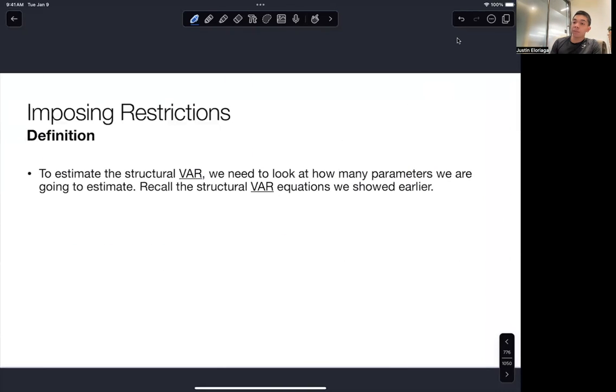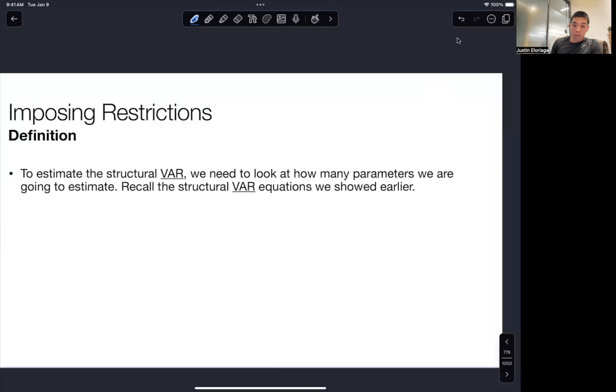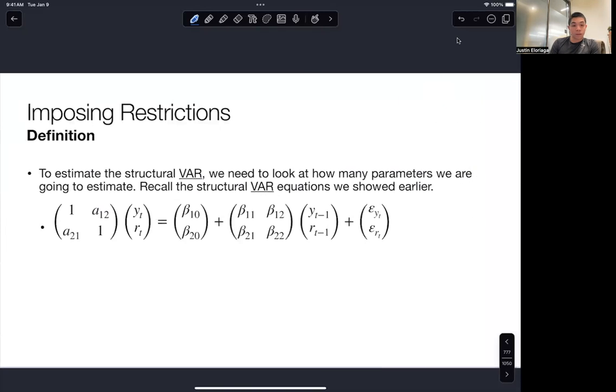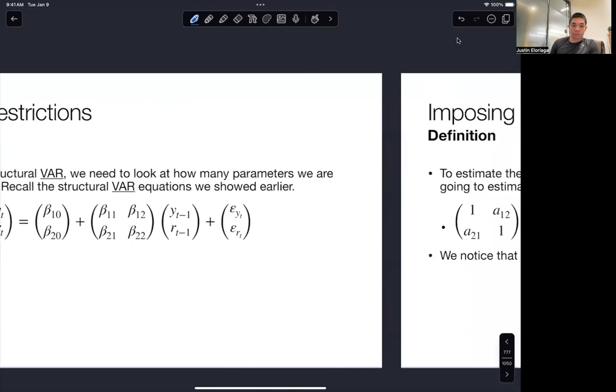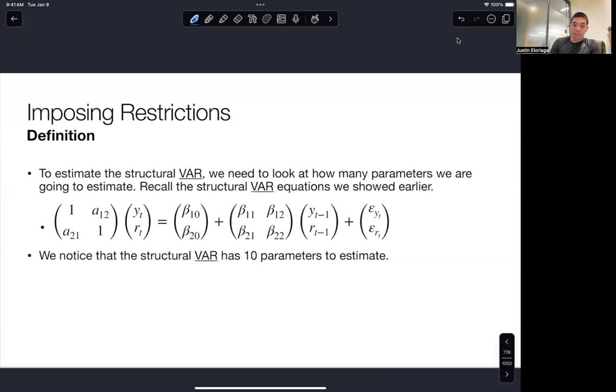Now, to estimate the structural VAR, we need to look at how many parameters we are going to estimate. So recall the structural VAR that we had looks like the following, right? And notice this has 10 things to estimate: 1, 2, 3, 4, 5, 6, 7, 8, and then 9, 10.